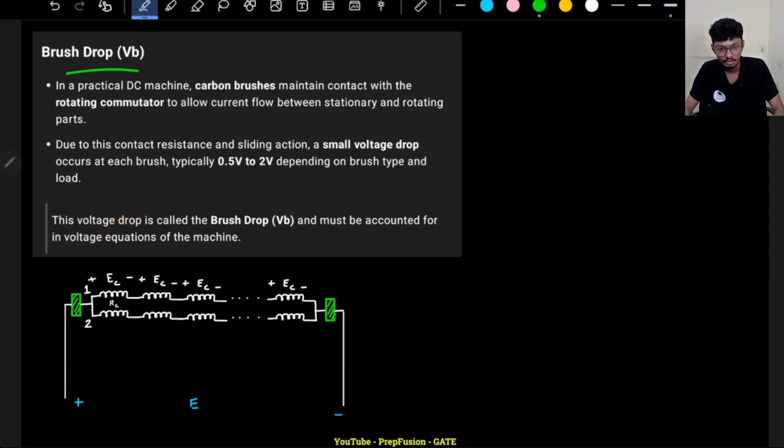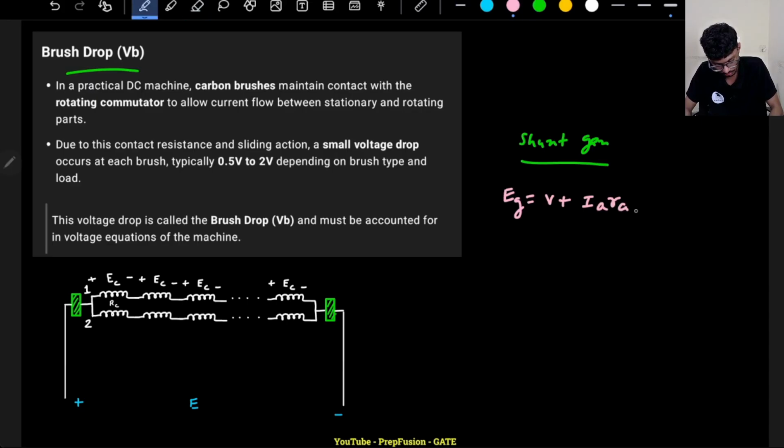So overall, what will be the armature voltage equation? In case of a shunt generator, I will only derive for the shunt generator. The overall voltage equation: EG has to provide the terminal voltage, of course, plus the drop across the armature, plus the drop across the brush.